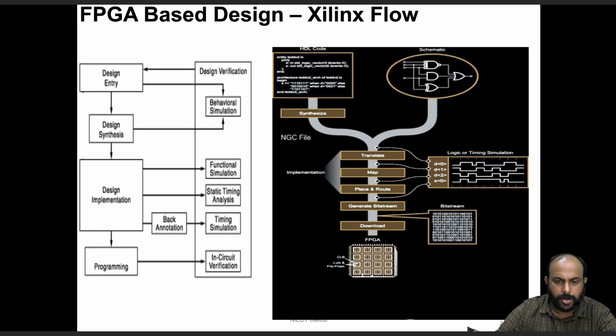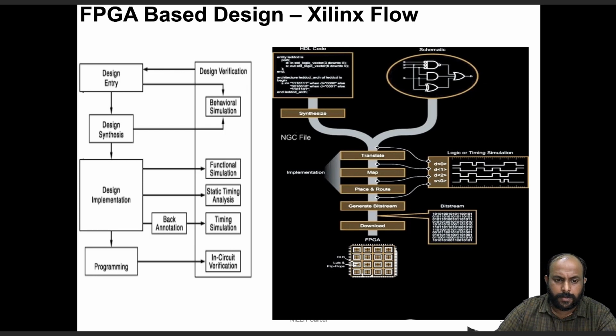The synthesis produces a particular file format, normally called in Xilinx terminology a native generated circuit file, or NGC file, which is again subjected to a lot of logic or timing simulations. At each step of implementation, like translate, map, place and route, some kind of simulation is run so that the design is verified.